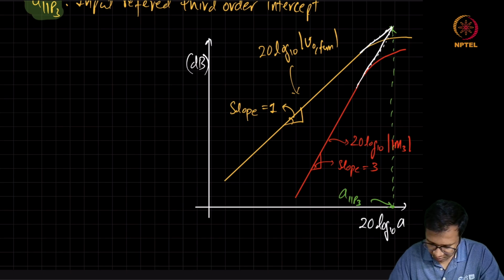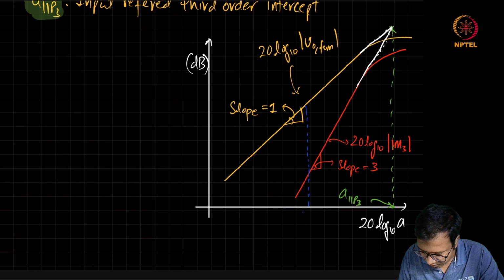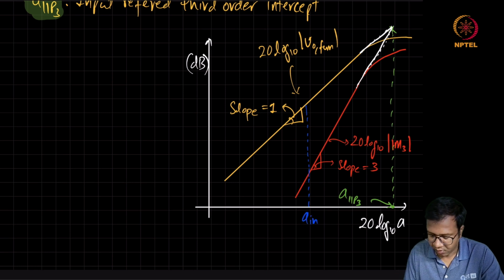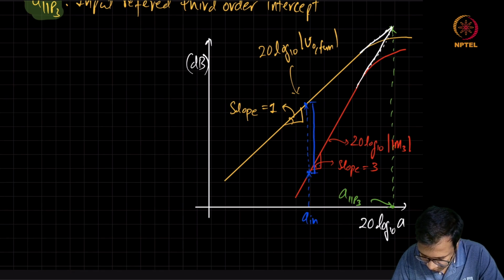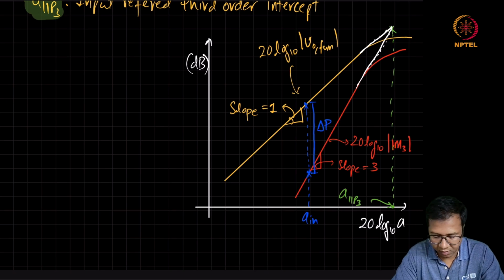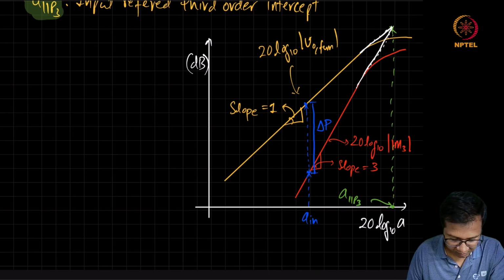So, for example, let's say for some small input strength of A, we find out what is the fundamental strength and what is the IM3 strength, which also gives us the idea about the difference in the two components in the dB scale.